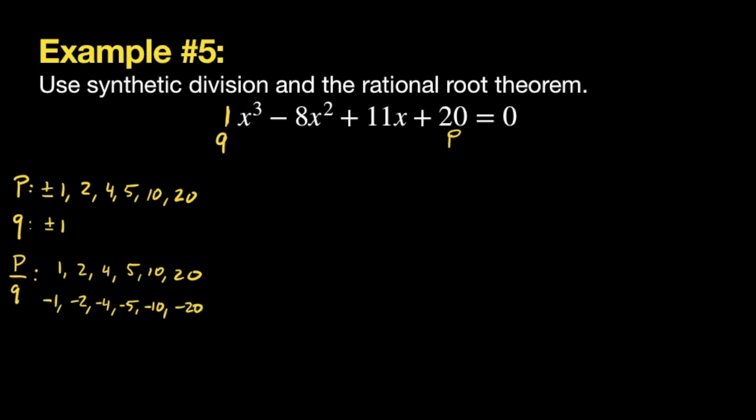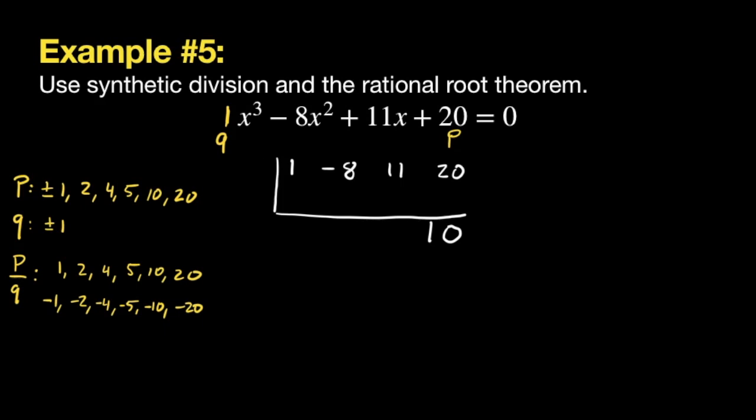And what we're going to do is make our synthetic division. So we have 1, negative 8, 11, and 20. The goal is going to be getting a 0 as your remainder. If you get a 0 as a remainder, that means that you did it right, and that is one of the solutions. So the easiest number that we can start with is 1.